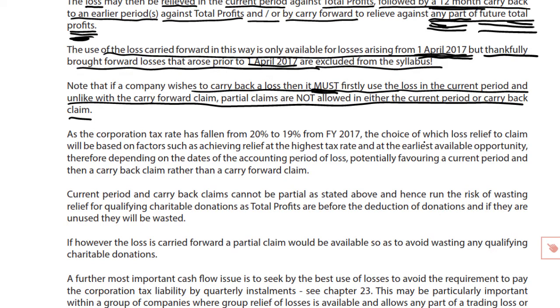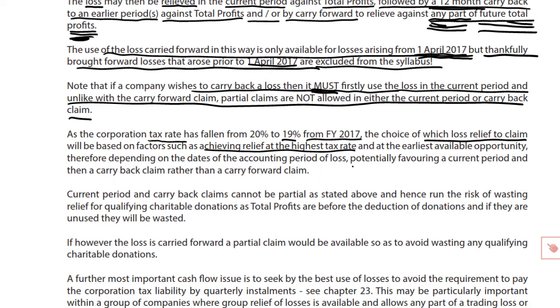In terms of these reliefs, as the corporate tax rate has fallen to 19% from financial year 17, the choice of which loss relief to claim will be based on various criteria. Factors such as achieving relief at the highest tax rate.